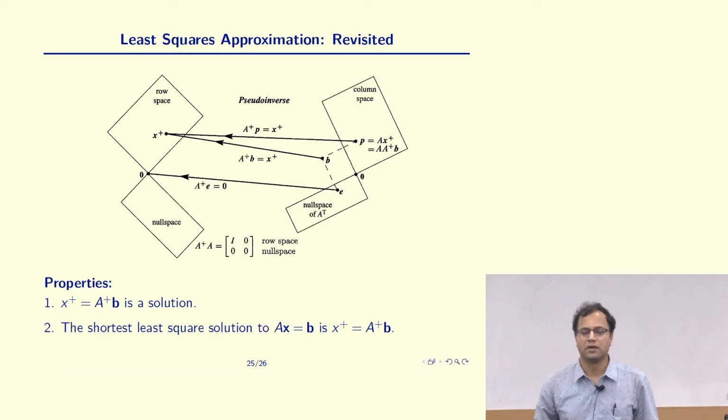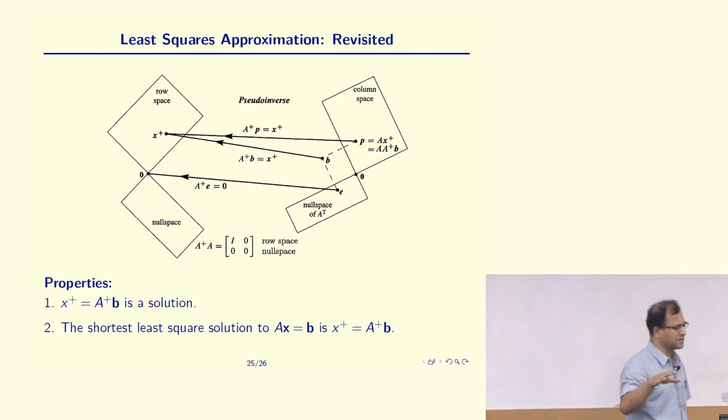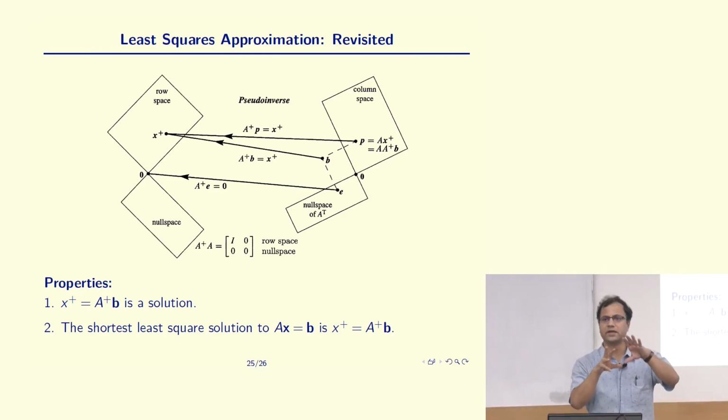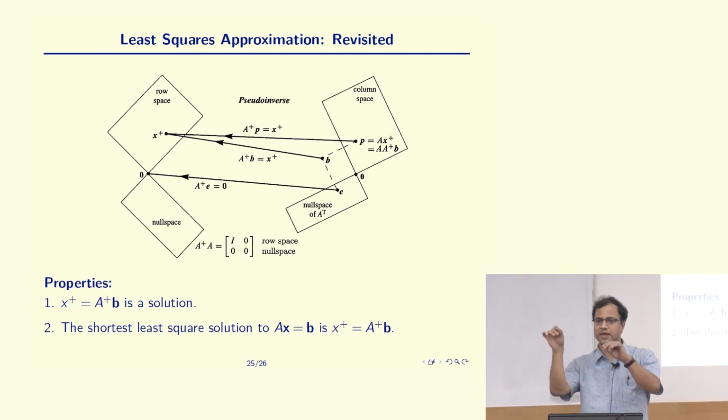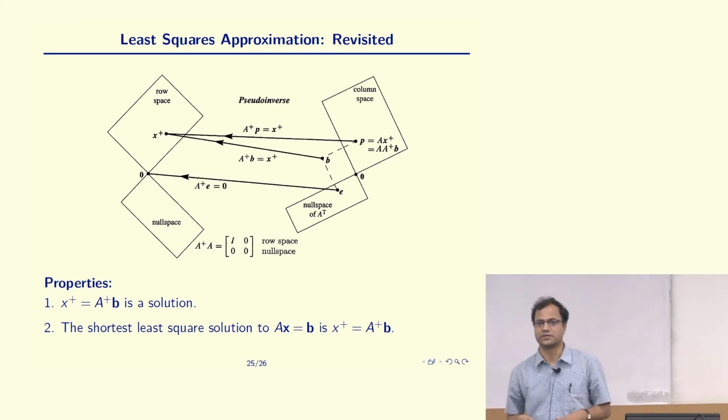Yeah, so this is a general property. It is general in the sense that when your matrix is invertible, you can prove that this will reduce to the ordinary inverse.